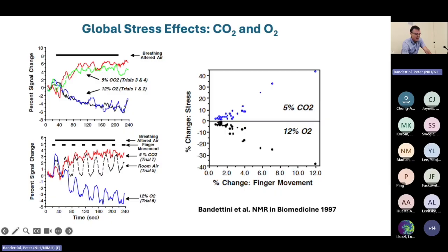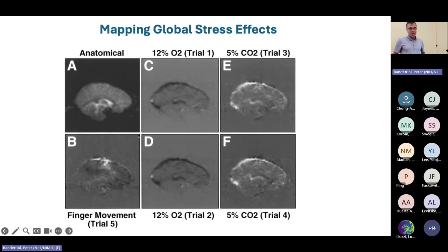And basically all this is saying, for instance, in certain areas in this image, you had 12% signal change with finger motion. That's pretty high, but it's also where you had the most change in signal with the stresses. And once again, those are essentially the big vessels where you're capturing all the blood. And you can calibrate your signal by dividing by that big vessel effect to get at more of the capillary effects, if you want to.